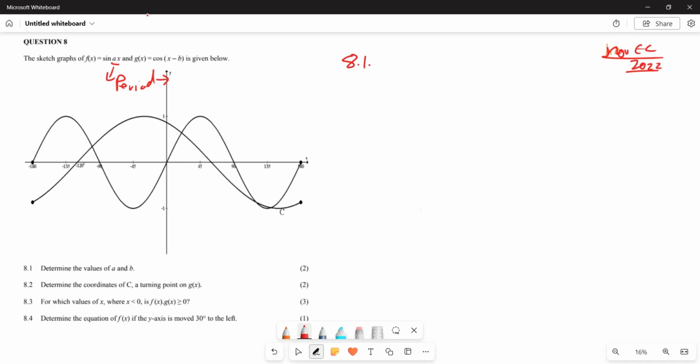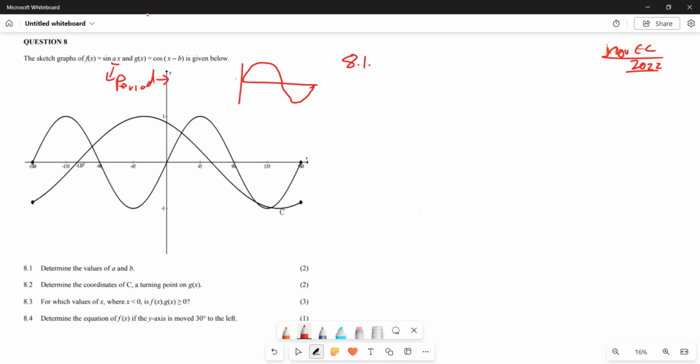A full cycle is when your graph starts here and finishes here, so that is a complete period, isn't it so? So this value of a relates to the period, and we want to find out how long it takes for this graph of sine to complete one full cycle.